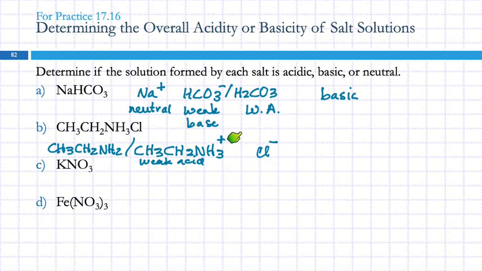What about chloride? It's the conjugate base of a strong acid, right? So here we've got a strong acid, and so that one's neutral. So I've got something acting as a weak acid and something that's neutral, so this is going to be acidic, right?